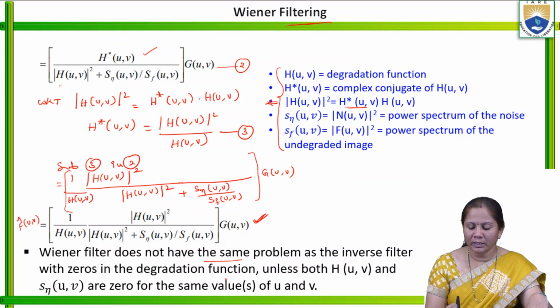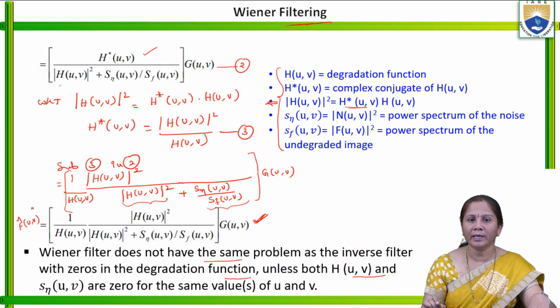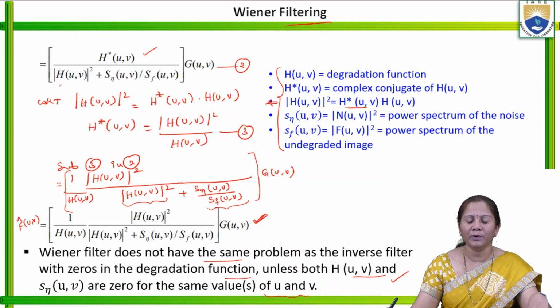Even with zeros in the degradation function, there is no limitation unless h of u comma v and s eta of u comma v are both zeros. That means if both values are zeros, we will not get f cap of u comma v as infinity. Otherwise it will be okay for the same values of u and v. So in this way the limitation of inverse filter can be overcome by using this Wiener filter.